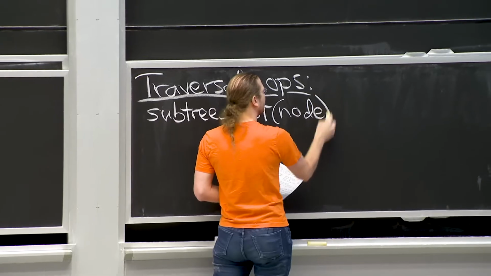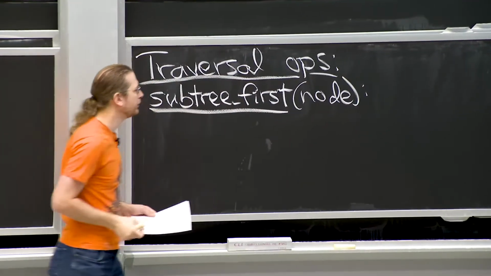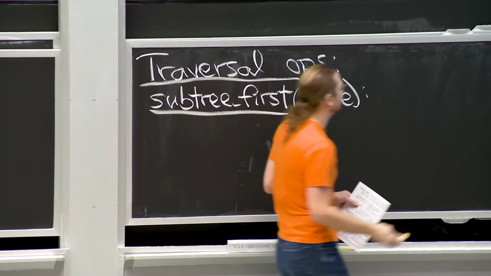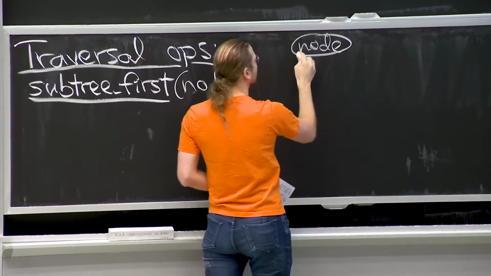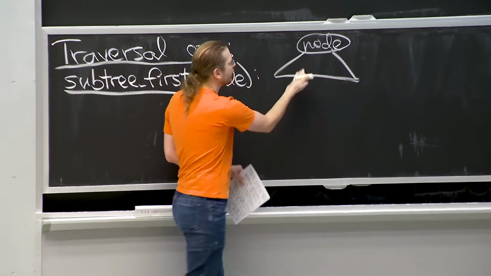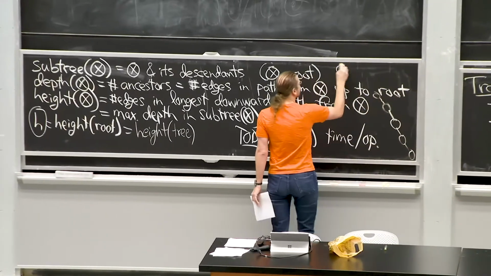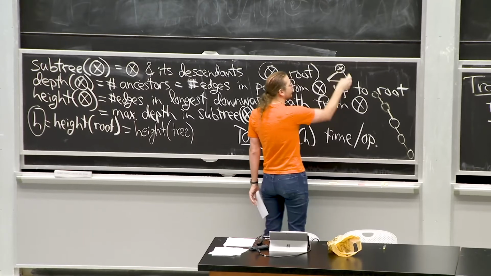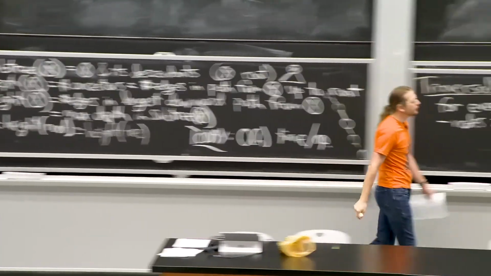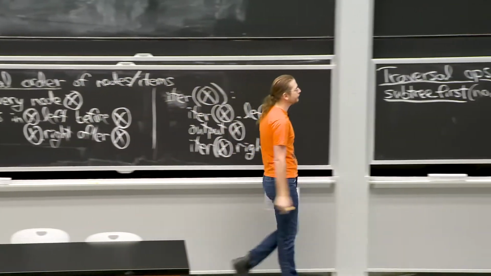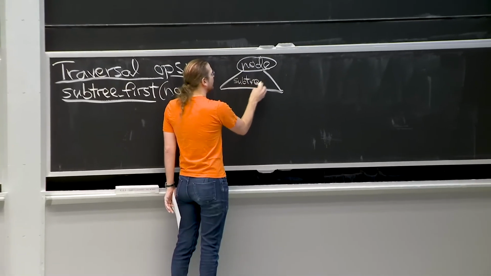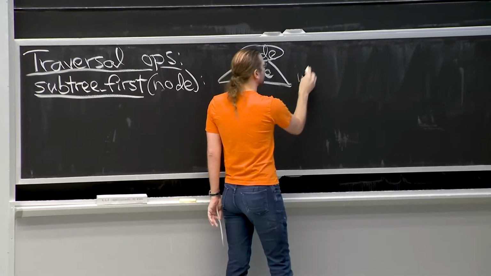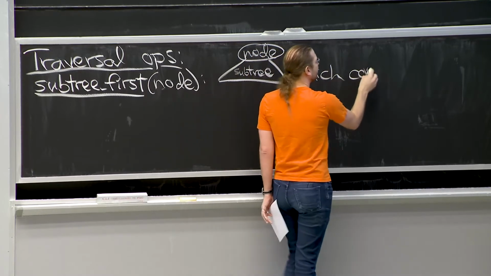Given a node, which I'll call node, this defines a subtree, which usually we draw as a triangle hanging off of the node. So here I would write x, and then there's some subtree of all the descendants of x. With subtree first, I would like to say among all the nodes in this subtree, which comes first in traversal order?